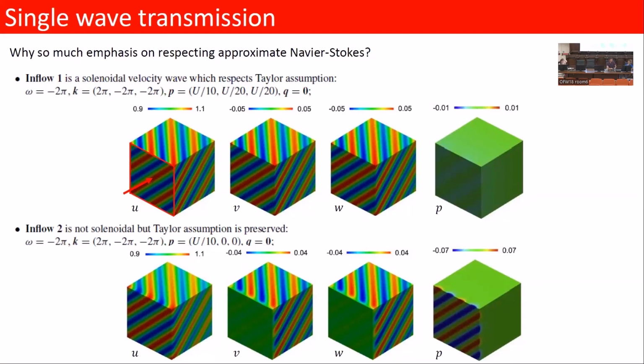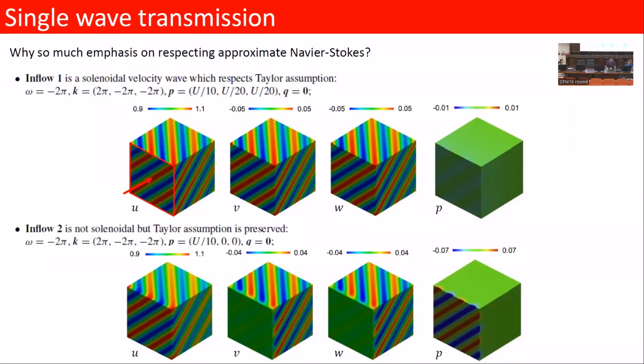If you try to do the same thing, removing the divergence-free condition, for example in the second row, you will see that you impose some velocity component at the inflow, but then you cannot transmit this velocity field, and some velocity components will be created by the pressure field to balance, to make the field divergence free.